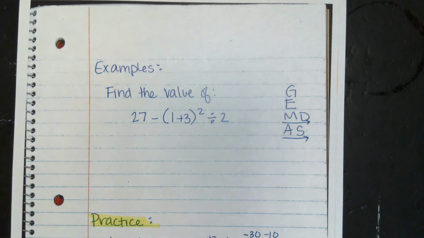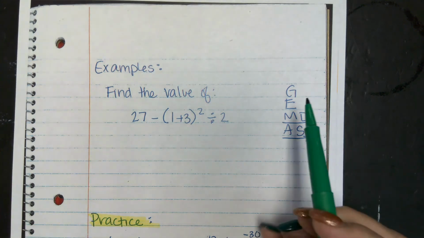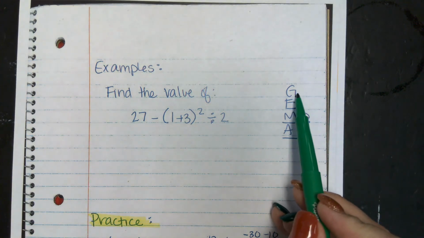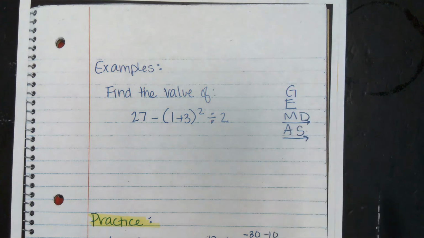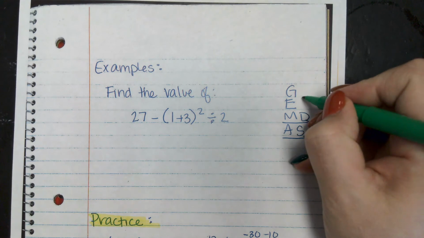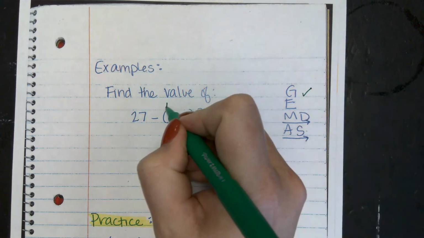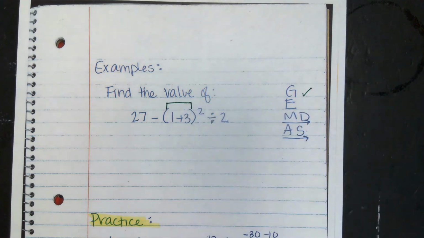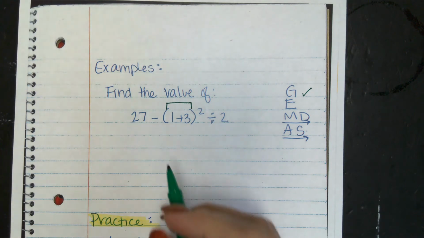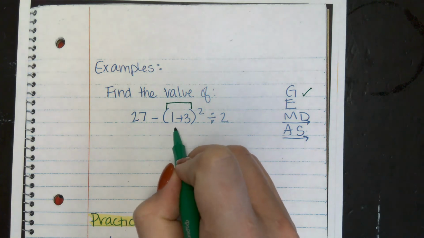Here we go. So starting out, we're going to begin by looking at our G. Do I have any grouping symbols in this particular problem? And I do. Okay. My grouping symbols are right here. It's the 1 plus 3. So I'm going to combine those two numbers to start. 1 plus 3 is 4. So I'm going to go 4.